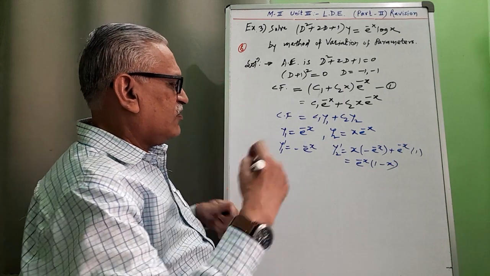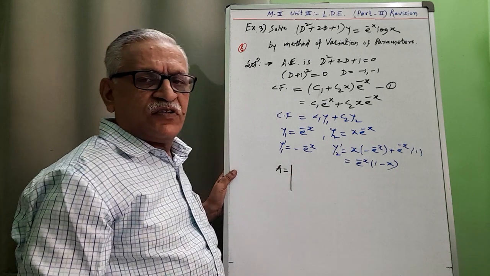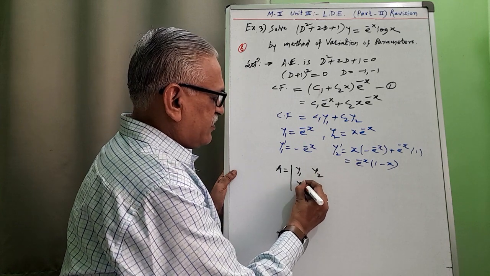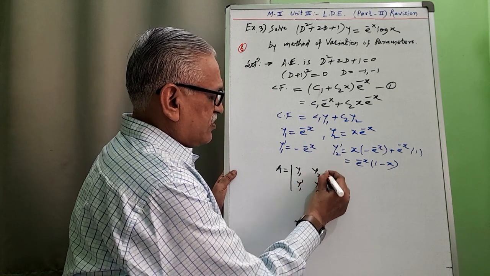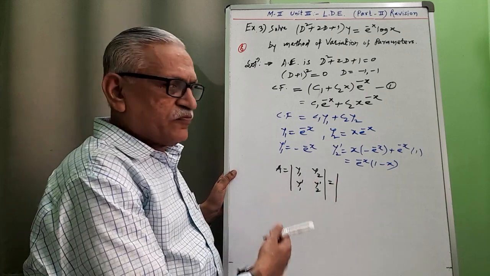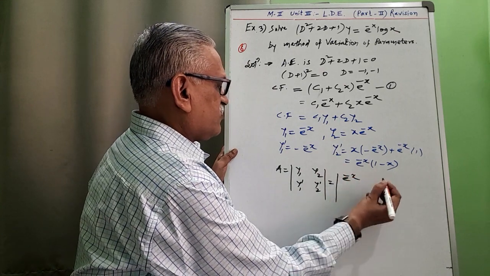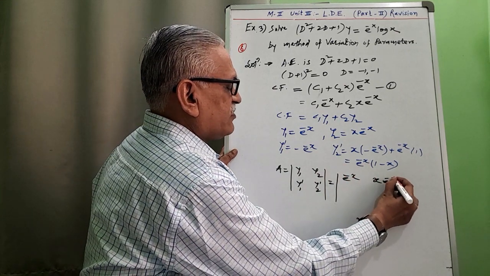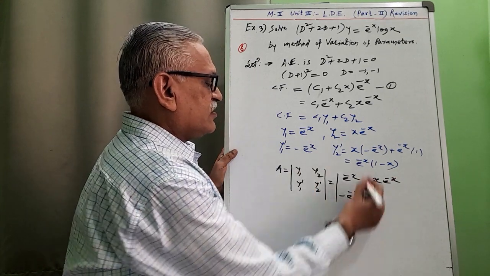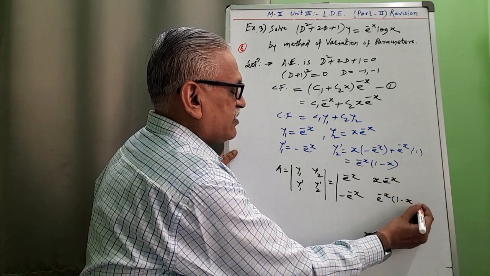And we try to find the value of W as given by determinant of second order containing the elements y1, y2, y1 dash, y2 dash. It is determinant of. Substituting these four values, we get y1 as e raised to minus x, y2 as x e raised to minus x, y1 dash minus e raised to minus x, and y2 dash e raised to minus x multiplied by 1 minus x.